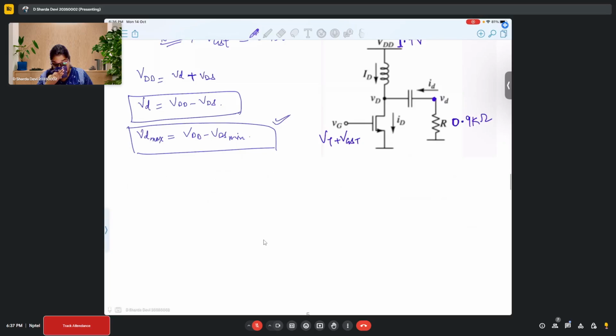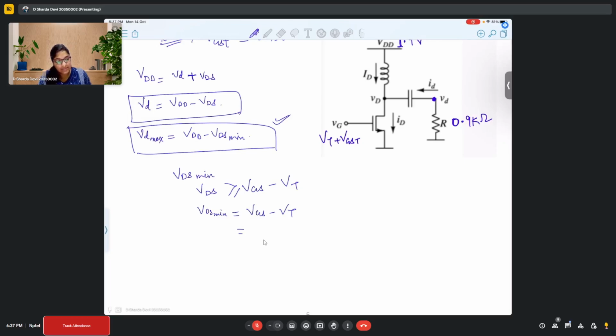Okay, so the first task is to find VDS min. Now, how do we find VDS min? For saturation, we know VDS should be greater than or equal to VGS minus VT. So VDS min is equal to VGS minus VT.